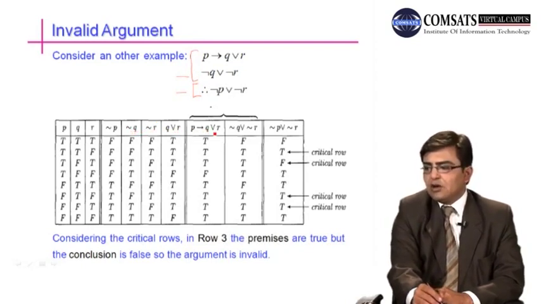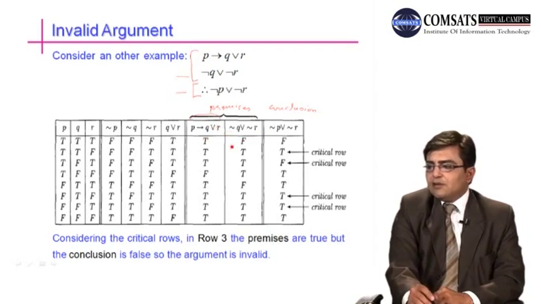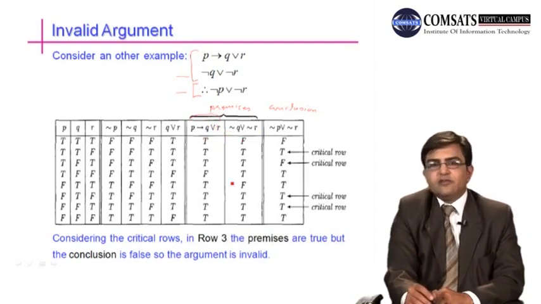Not q, not r, q or r, p implies q or r. This is the first premise, these are premises, and this is the conclusion. So we constructed the truth table for both premises and the conclusion.